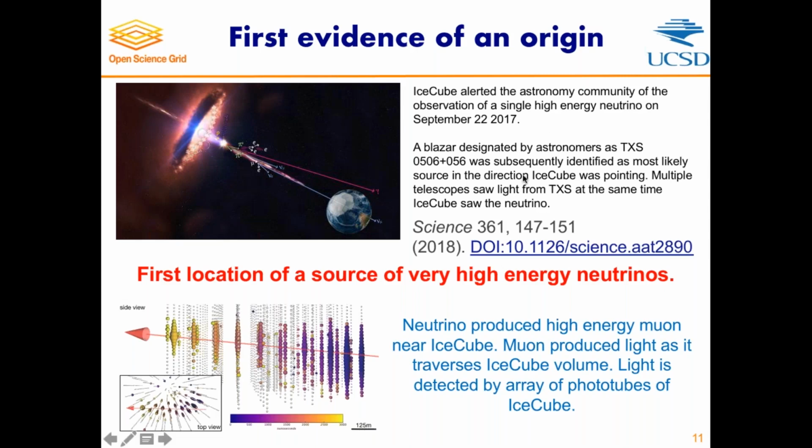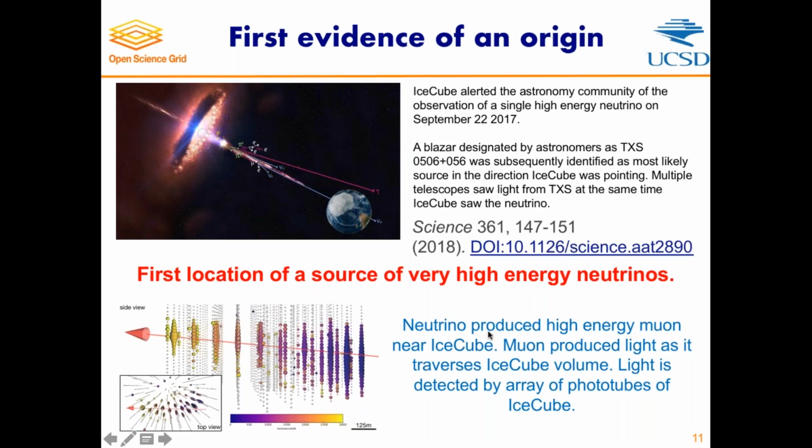A lot of different satellites and telescopes pointed in real time to that neutrino direction and observed the origin. And there's a gazillion papers published on this. The primary paper from IceCube and collaborators is pointed to here.